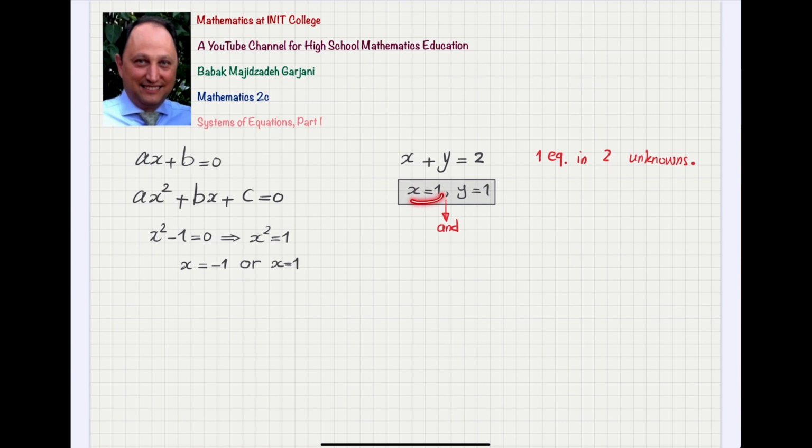I am saying that x is equal to 1 and y is equal to 1. What I put in the box is not two solutions, it is just one solution. Remember this. If I ask you how many solutions you get by solving x squared minus 1 equals 0, you say two solutions. But how many solutions is this one? Up to here, this is just one solution.